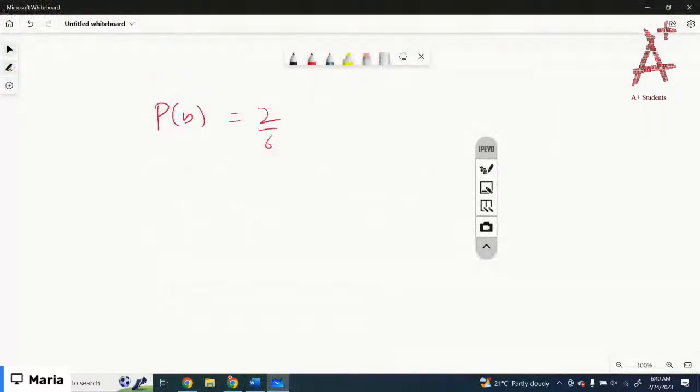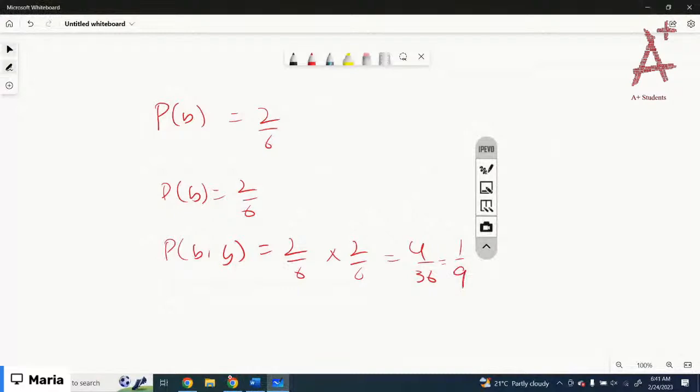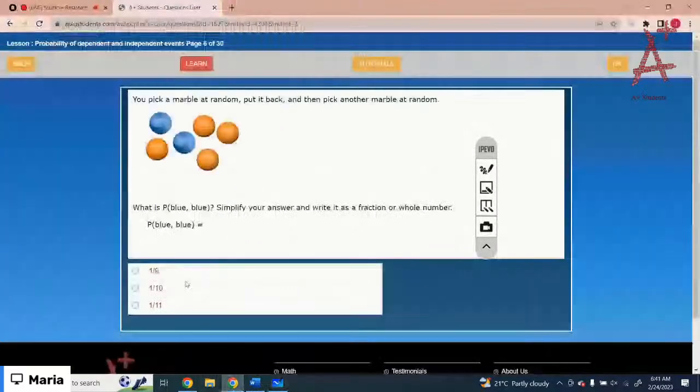Again, you have 6 marbles. So the probability of getting blue is 2 over 6. So the probability of blue and blue is 2 by 6 times 2 by 6. It would be 4 over 36, and that means the probability is 1 over 9. Got it? So the probability is 1 over 9.